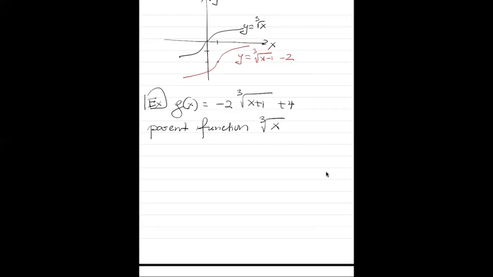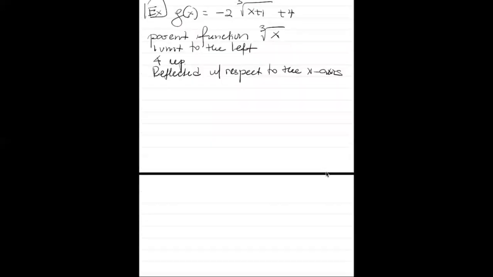We're going to do 1 unit to the left, 4 up, and it's going to be reflected upside down, or reflected with respect to the x-axis. And of course, the 2 will change the curve a little bit, but not much.